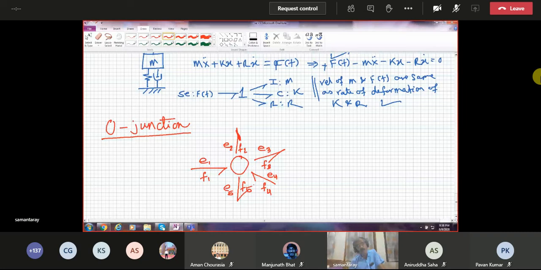By definition, what we have is all efforts are same: E1, E2, E3, E4, E5. Then, from power balance, we will derive the corollary or weak law.